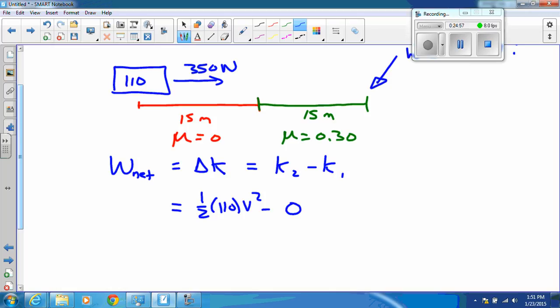Good. Okay, now let's come over and focus on the net work here. Tell us about that. So this would be the stuff with the friction again? The frictional force is F times D times the cosine of 180, so it'll be negative force times distance.